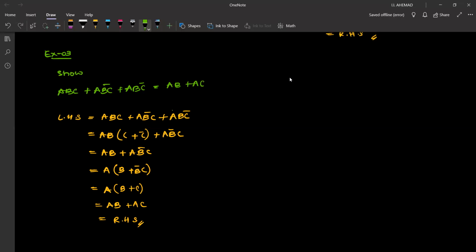So here I considered these two together because I have AB here. I took AB common, then I got C plus C bar, which is equal to 1. And between these two, I took A common, then I got B plus B bar C. So we know B plus B bar C could be written as B plus C. And again, just expand.